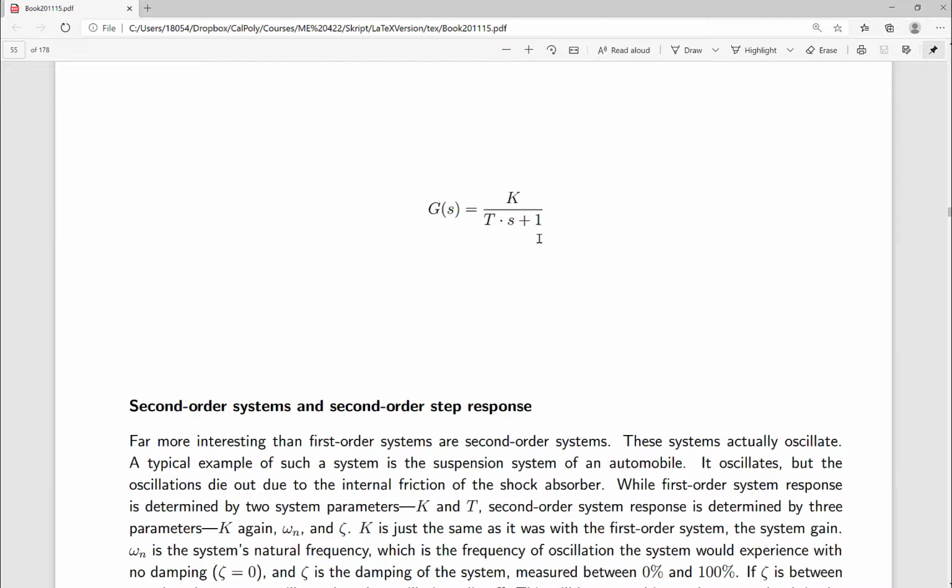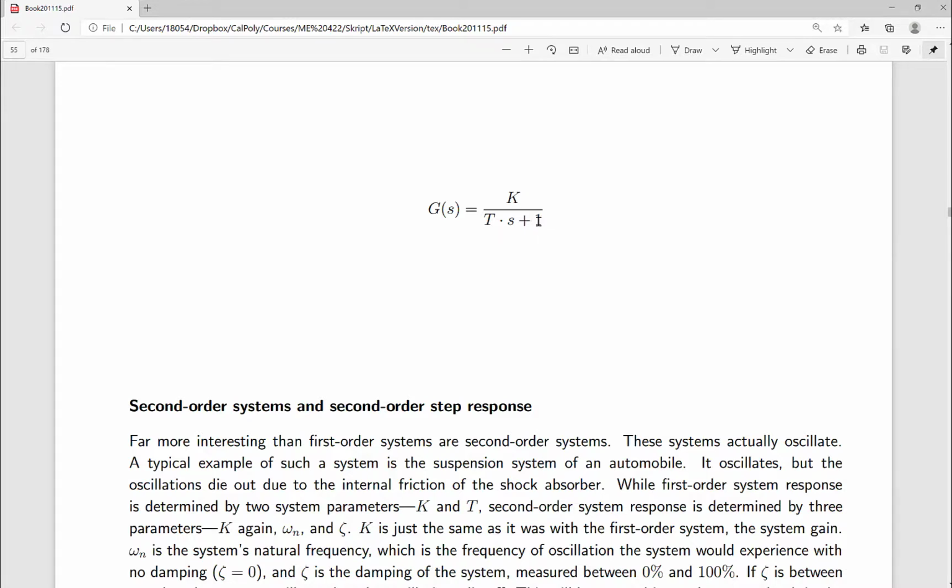So that's important. And actually, I'll tell you the characteristic that is important here. If there's a 1 here, and only if there's a 1 here in this constant term, then whatever is in the numerator is going to be the steady state gain of the system. If you don't have a 1 here, then whatever's in the numerator is not the steady state gain of the system. In fact, the steady state gain of the system is whatever's in the numerator divided by this constant term.